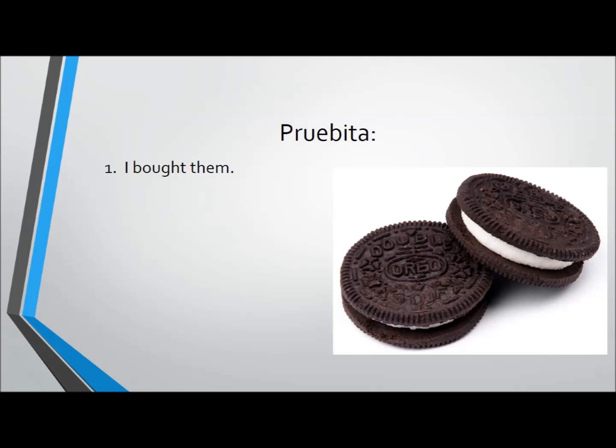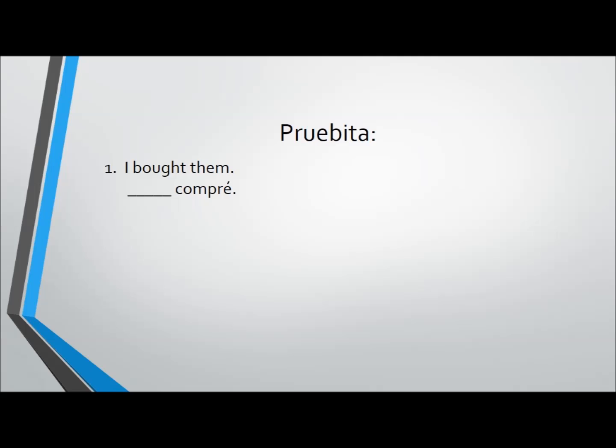So let's translate I bought. That's compré. It's a conjugated verb, so the pronoun's going to go in front. And I want to say the word them for cookies. Do you remember what it is? Lo, la, los, or las? If you said las compré, you are absolutely correct. Las is for a feminine noun, them. Let's try it with a person.